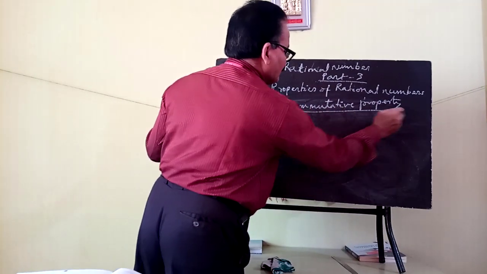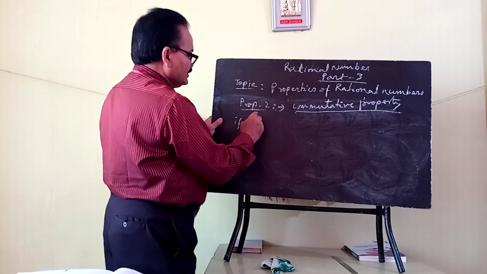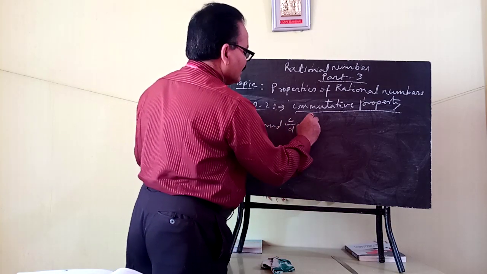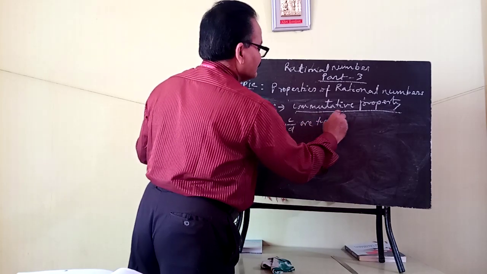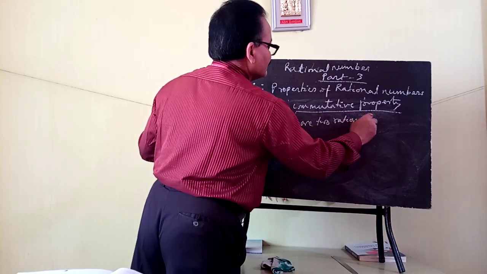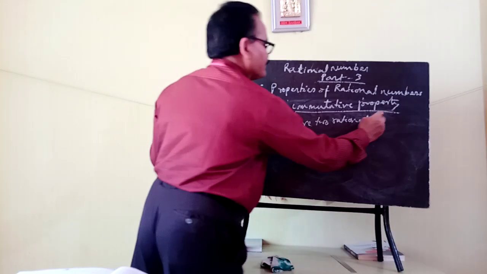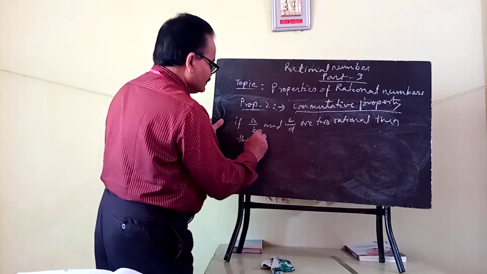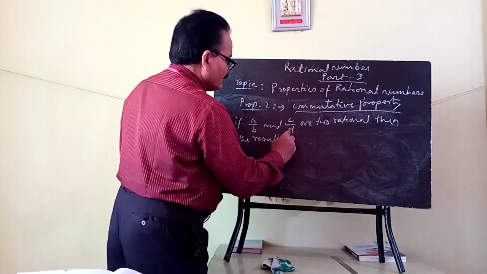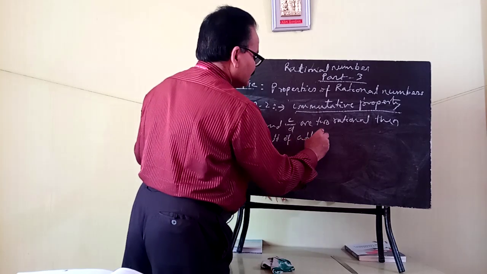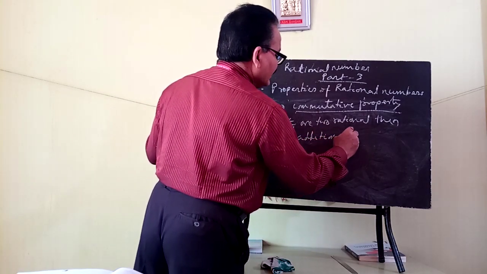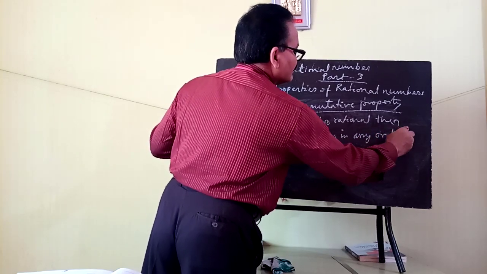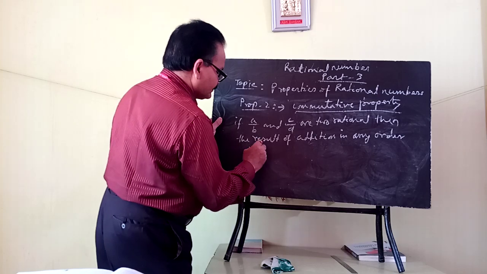In this commutative property, if A by B and C by D are two rationals, then the result of addition in any order remains same.